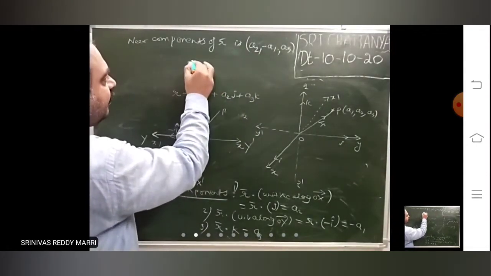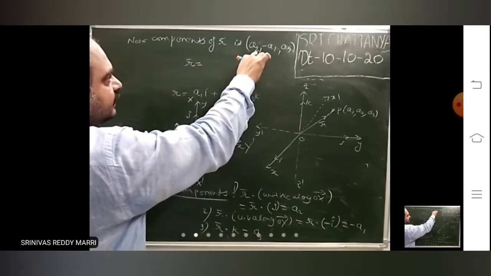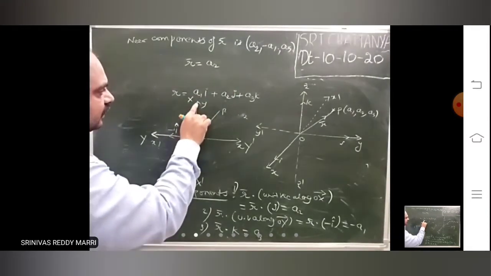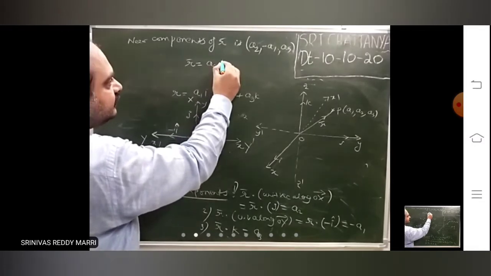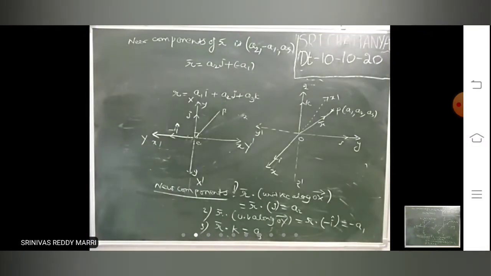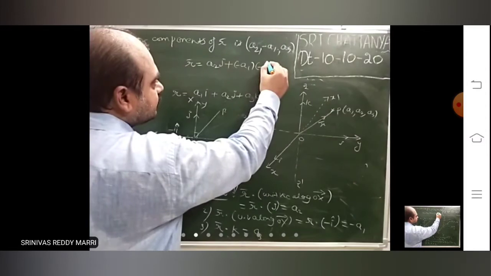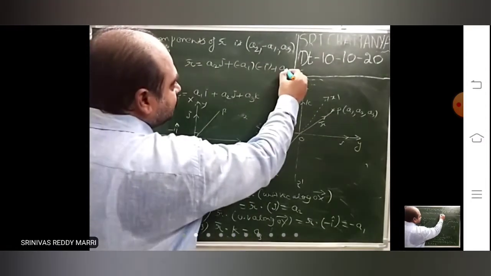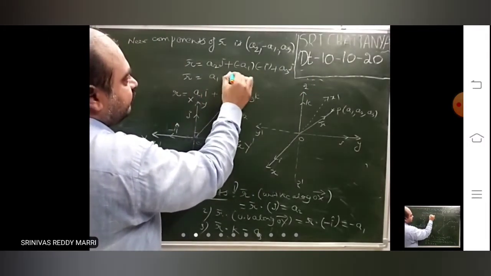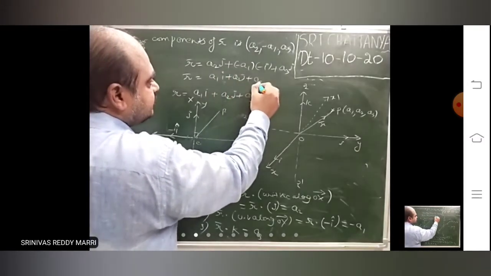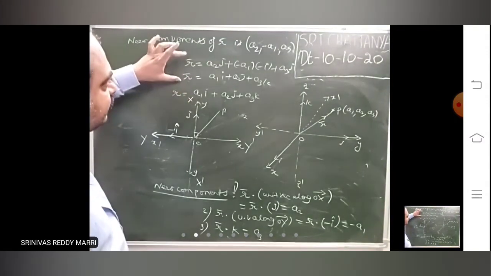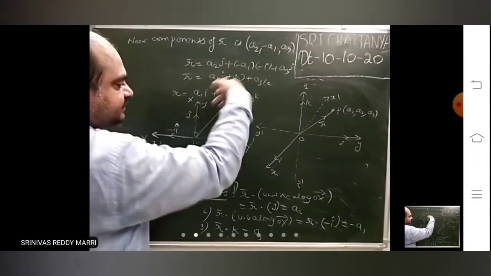If you write the vector components in the new system, A2 is along OX, so A2 into the unit vector along OX is A2 J, plus minus A1 into the unit vector along OY, which is minus I, plus A3 into the unit vector along the new Z. If you add the vectors, you get the same A1 I plus A2 J plus A3 K. The resultant will be the same either way. But these components are written with respect to the new system.